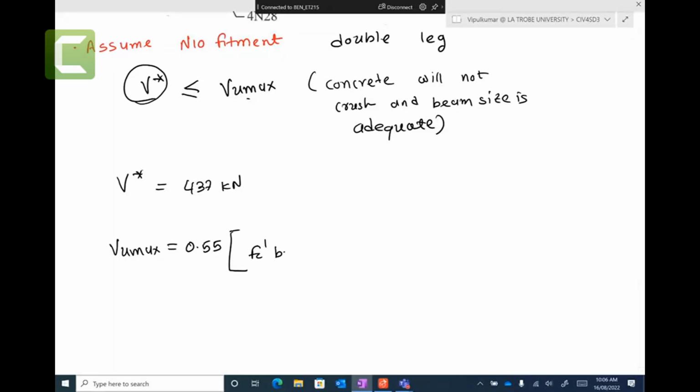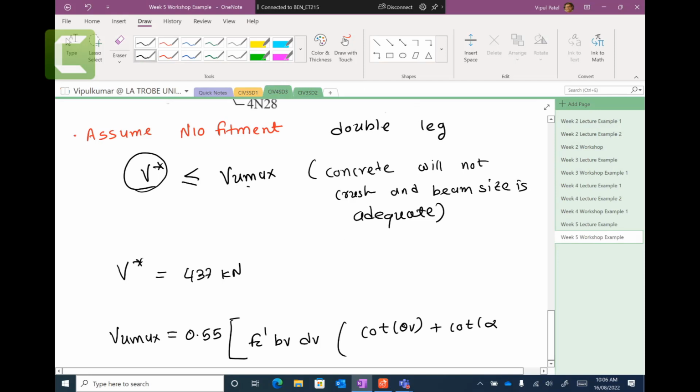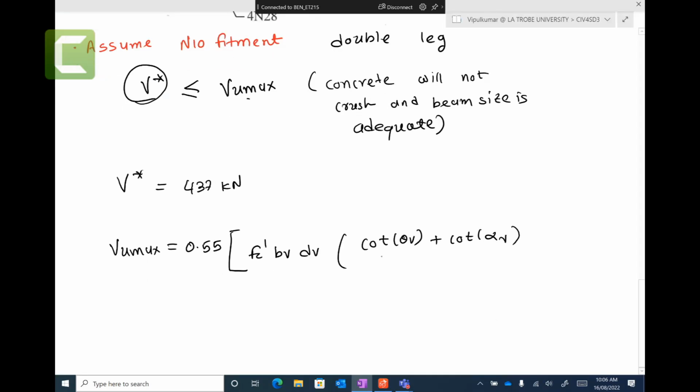So let's copy this one. 0.55 f'c bv dv (cot theta v plus cot alpha v) over (1 plus cot squared alpha v), plus Pv.